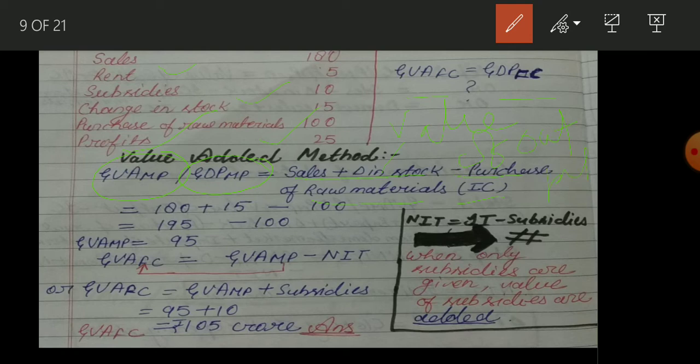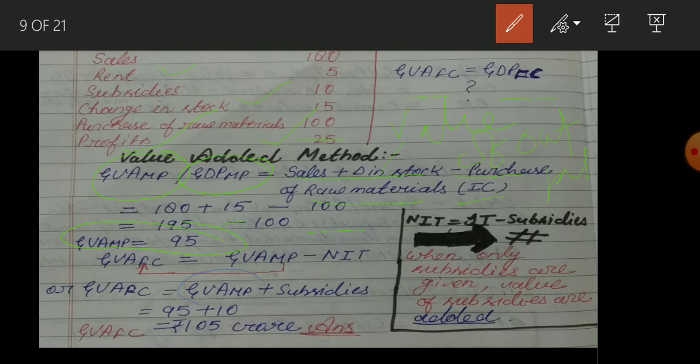Okay, student. So when we put the value, sales is 180, change in stock is 15, and purchase of raw material is 100. So we are able to get GVA MP equal to 95. Okay. After this, what are we having?